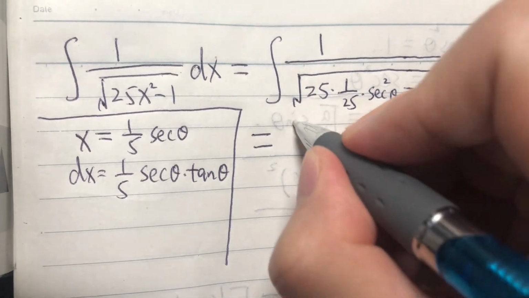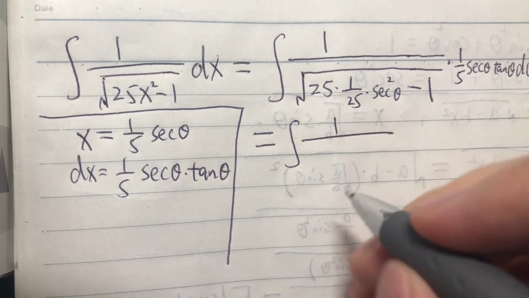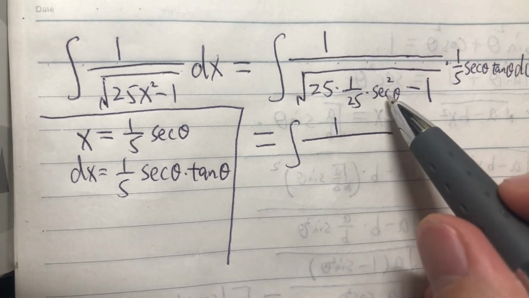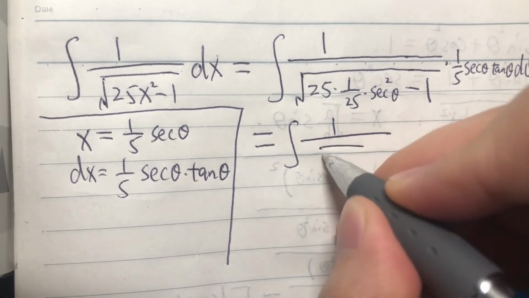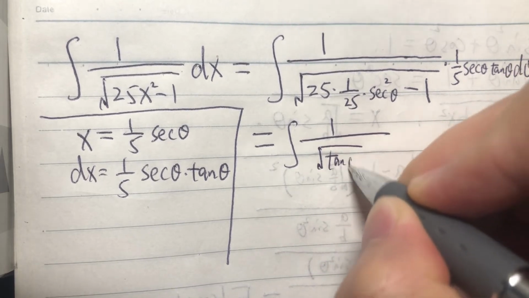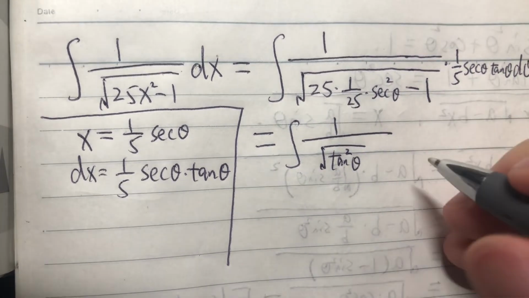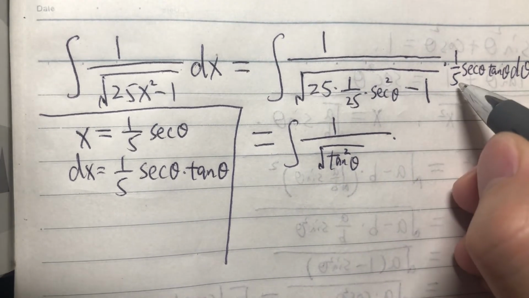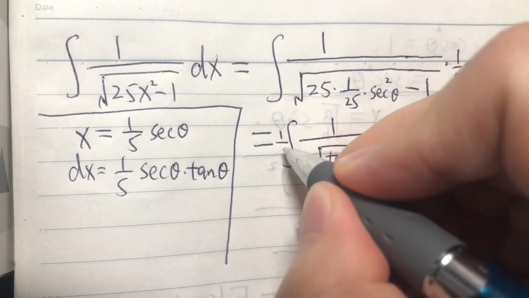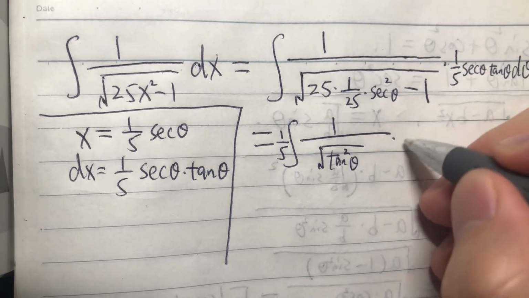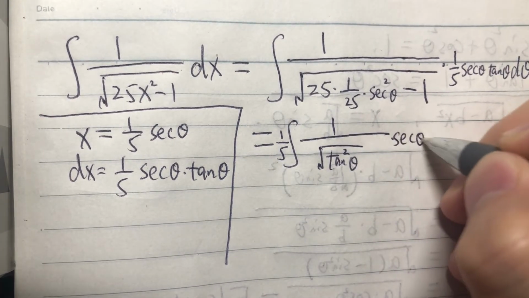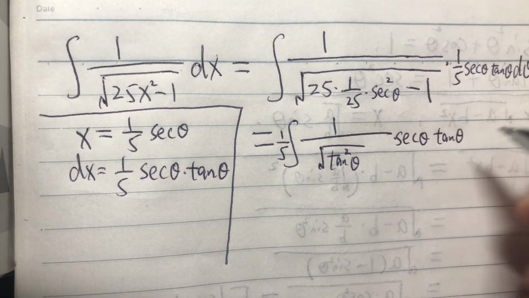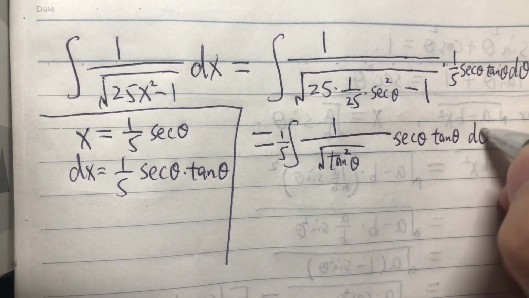And this is the square root of secant theta squared minus 1, which is tangent theta squared. And we can move this 1/5 in front. It's secant theta tangent theta d theta.